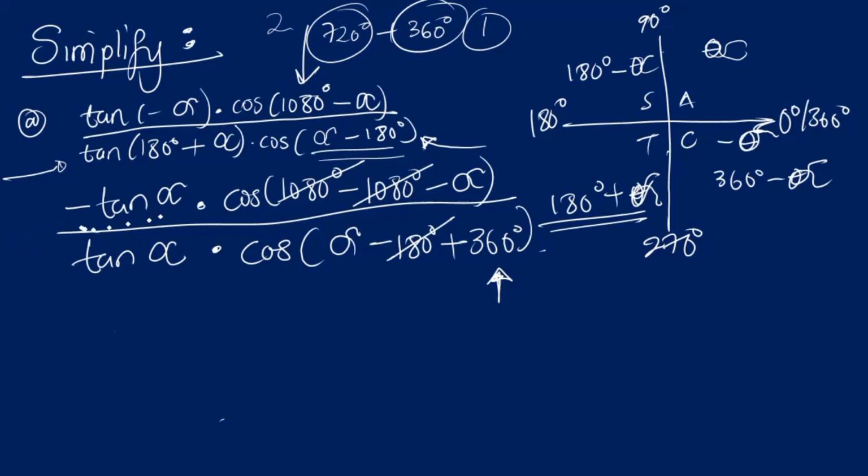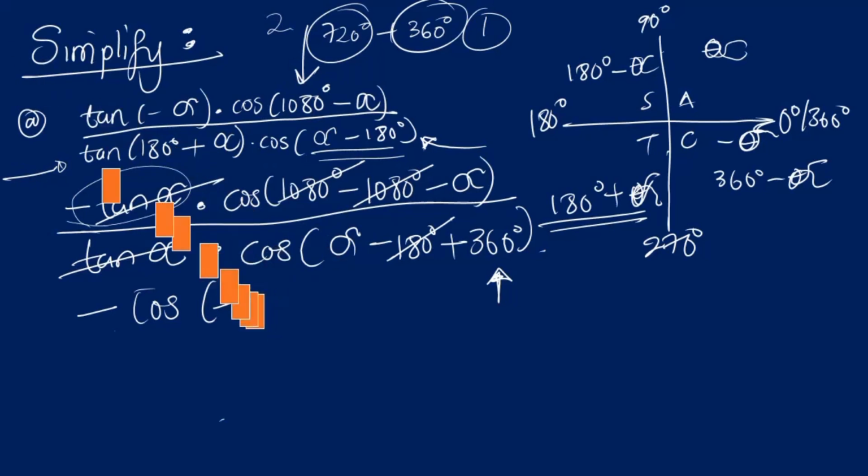Let's start here. So here I have a negative tan alpha with a tan alpha. This cancels that. I'm left with negative, and this is the cosine. Hope that's visible. So what is left there? It's the negative alpha in there, negative alpha. The two revolutions cancelled each other.